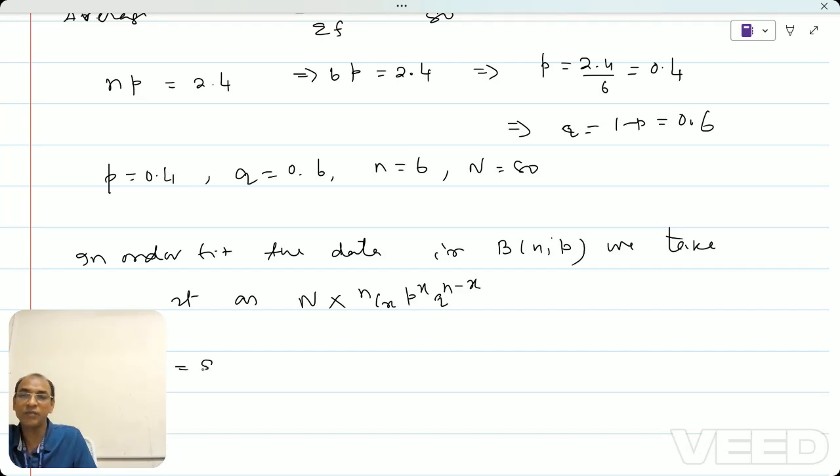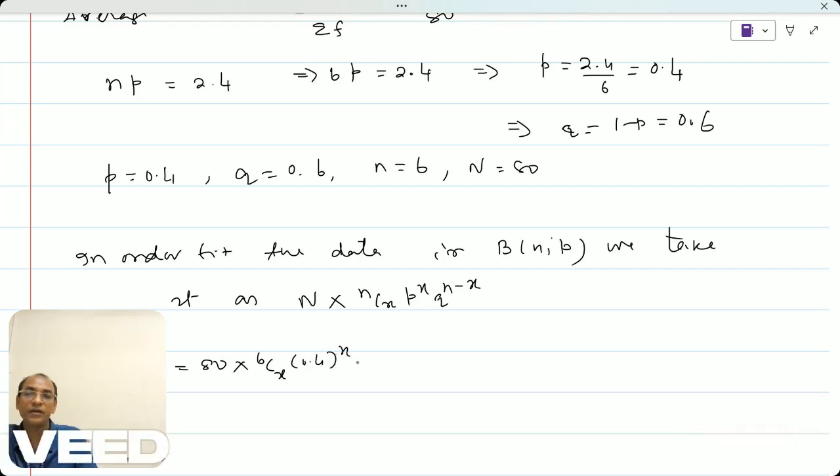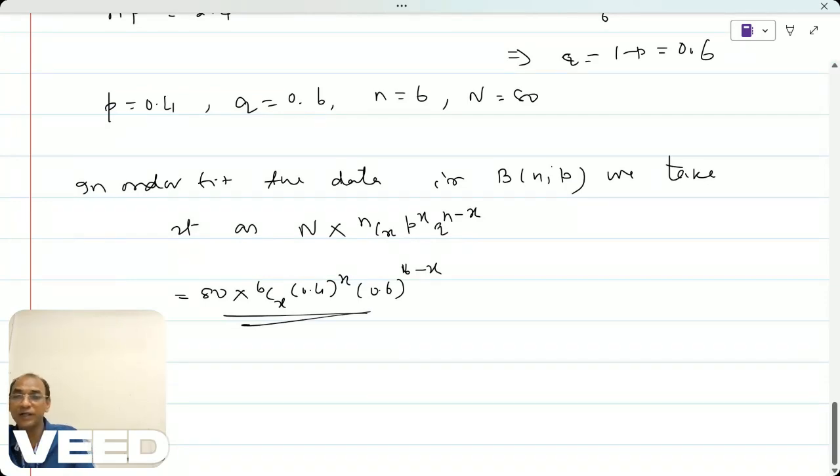Here N is 80, small n is 6, x will have different values, p is 0.4 to the power x, and q is 0.6 to the power 6 minus x. So we will consider this. Now one by one we will find.